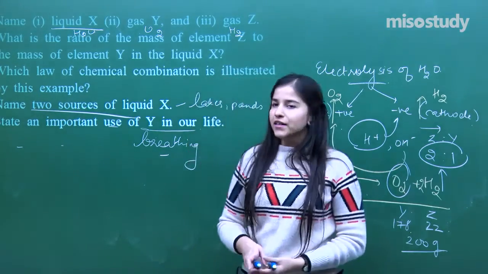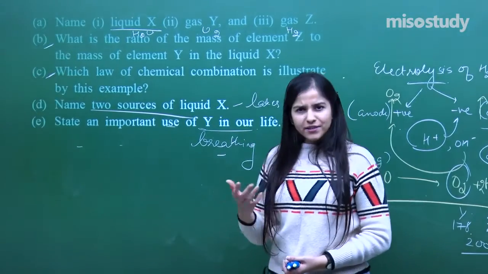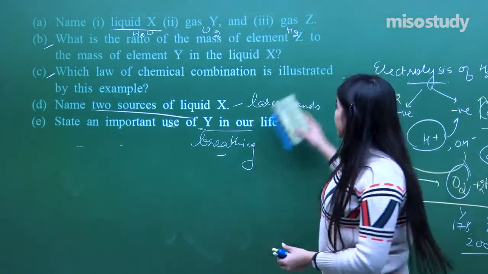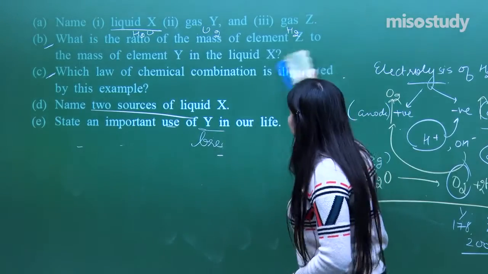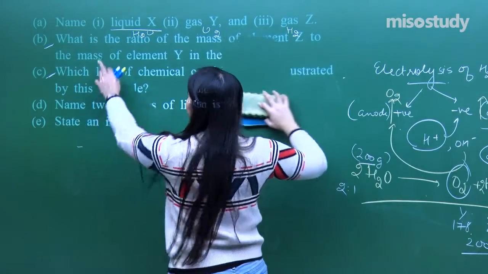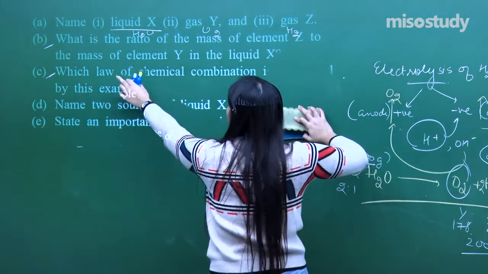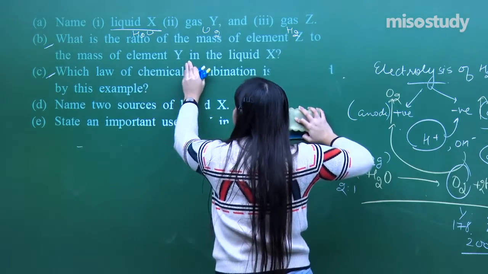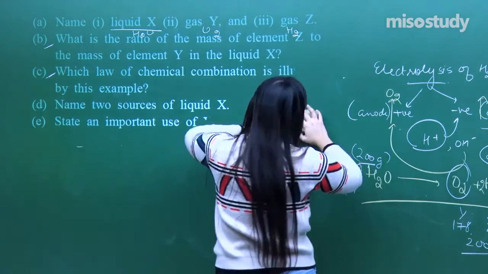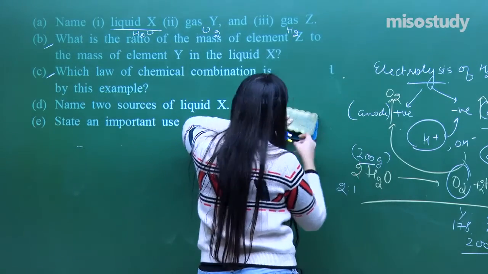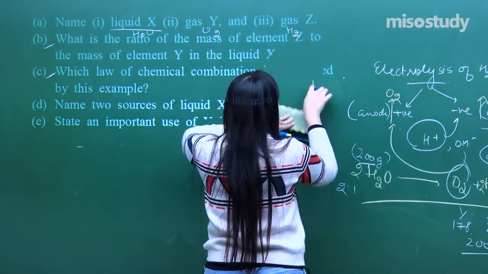So that completes my question. It was very interesting. You had to actually read the entire question properly. This was a bit confusing. What is the ratio of the mass of element Z to the mass of element Y in the liquid X? So basically they are asking about H2O, what is the mass ratio.